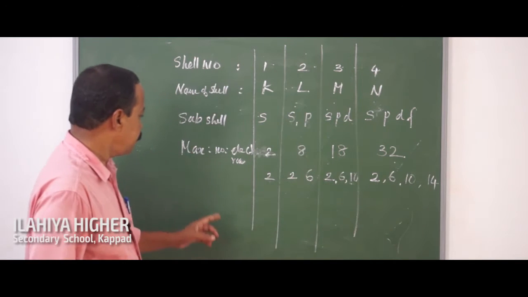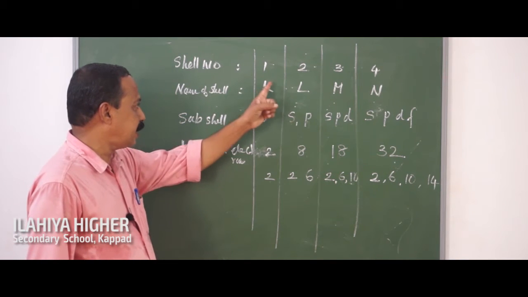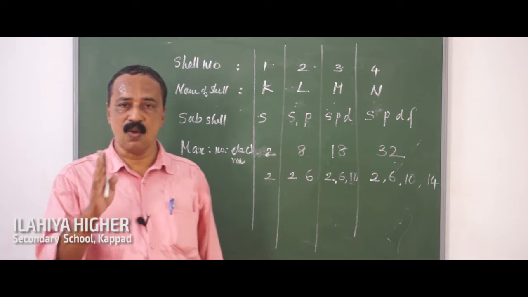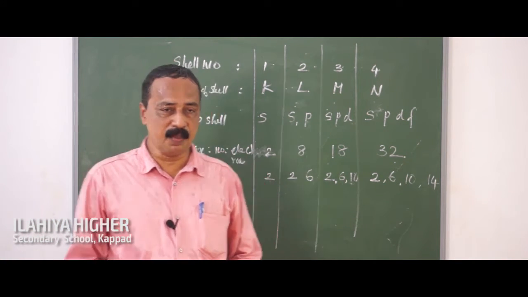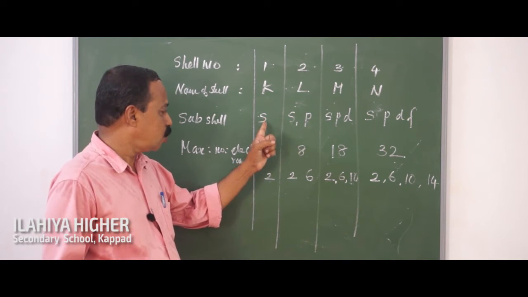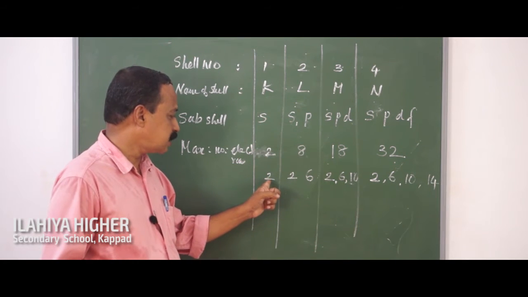Once more. The maximum number of electrons possible in the K shell is 2. The K shell has only one subshell. The name of the subshell is S. So these electrons go to this S subshell. The maximum number of electrons possible in the S subshell is 2.